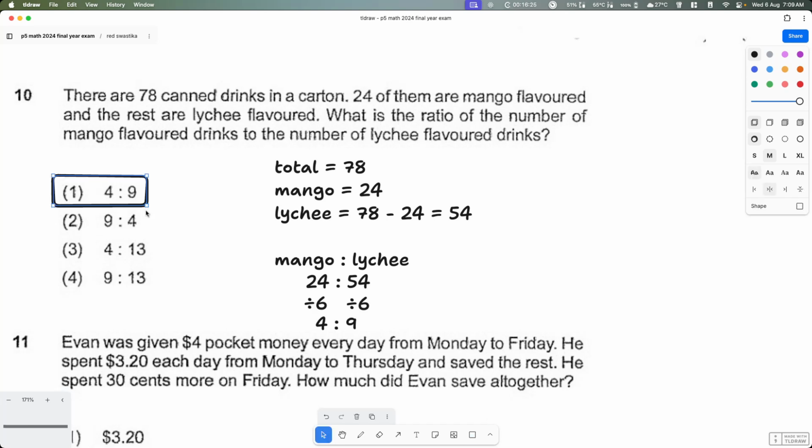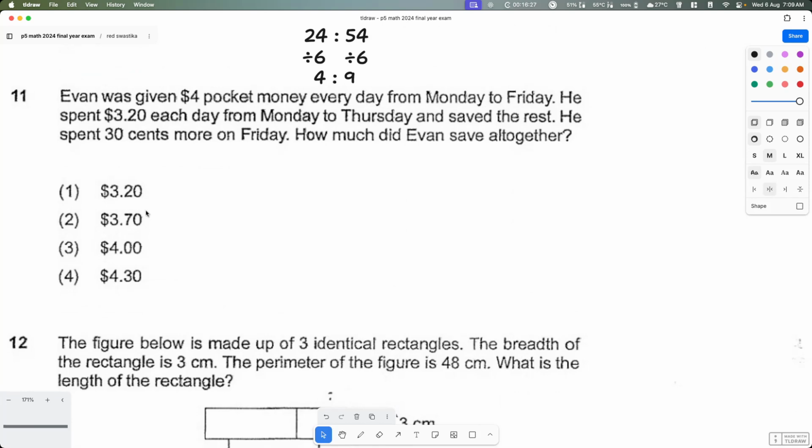Okay, so let's move on to question 11. So Evan was given $4 pocket money every day from Monday to Friday. He spent $3.20 each day from Monday to Thursday and saved the rest. He spent 30 cents more on Friday. How much did Evan save altogether?